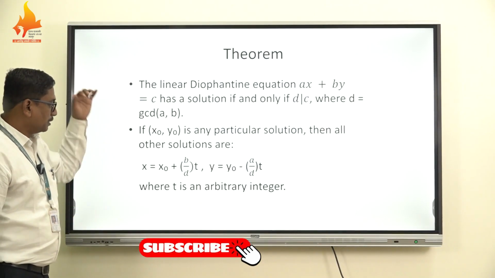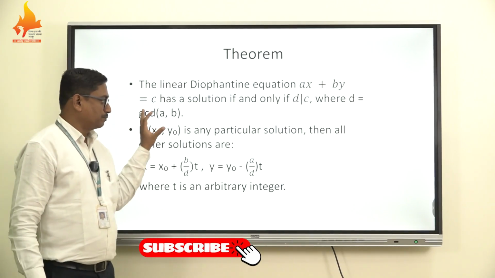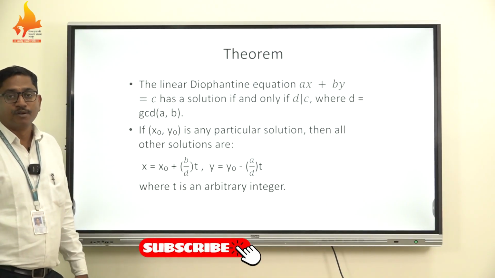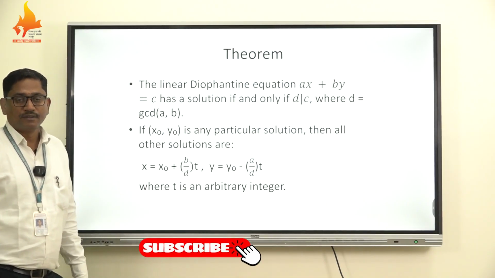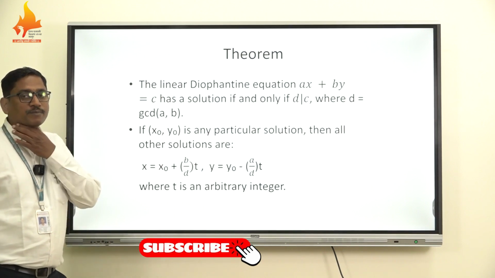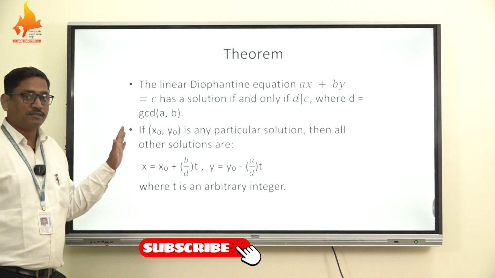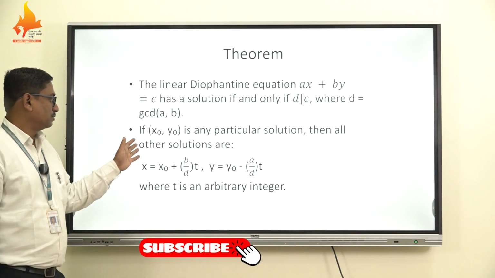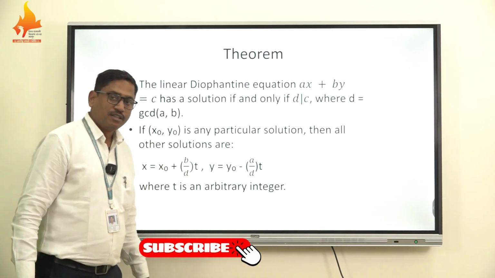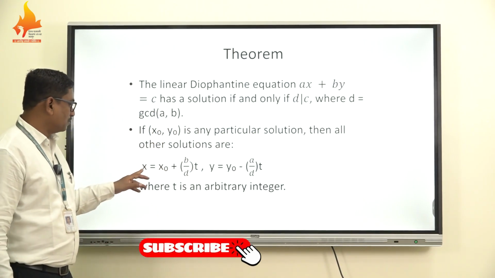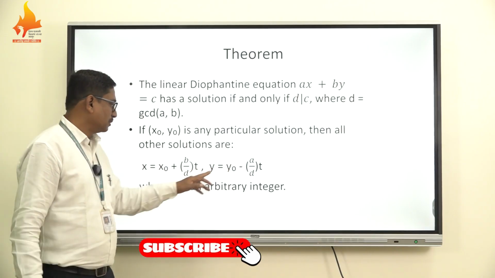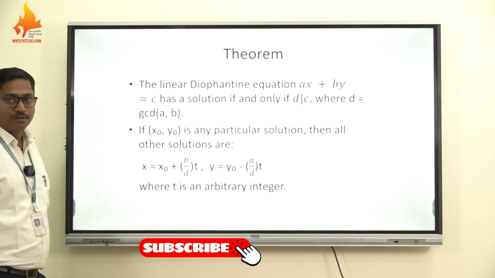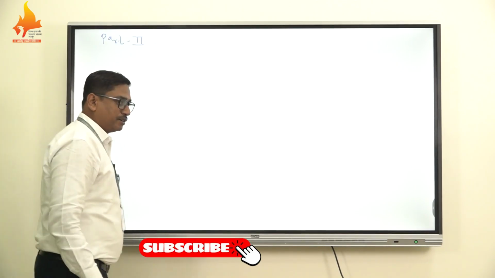Now we want to prove that once you get any particular solution, then all other solutions are found using this statement, where t is any arbitrary integer. This is the second part that we are going to prove next.